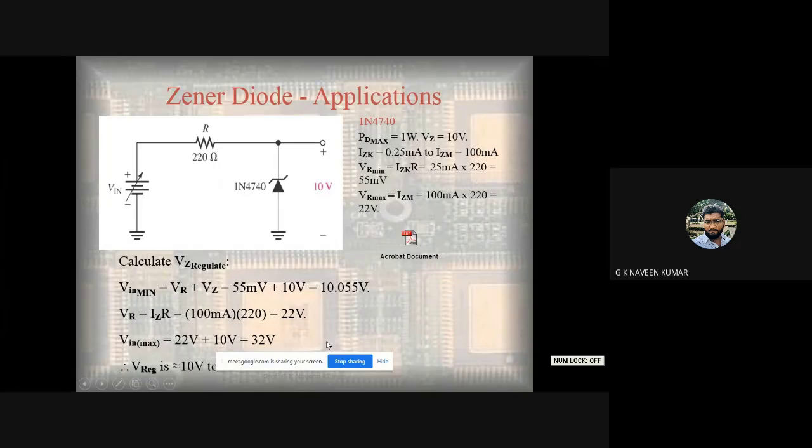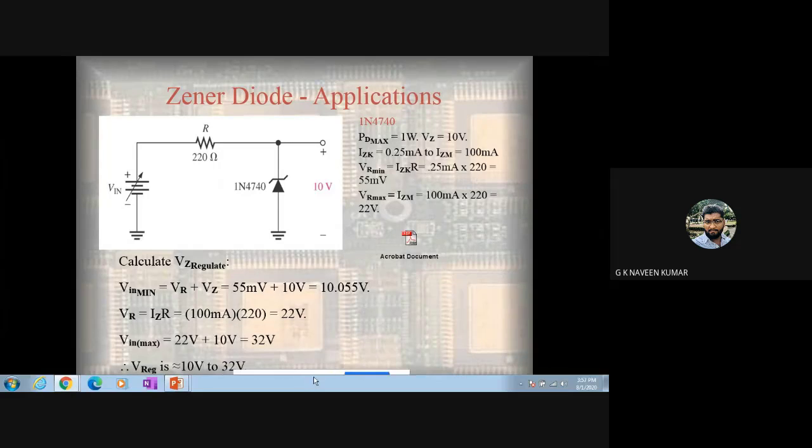Now, let us calculate the input voltage range for this particular circuit. Here we have a current limiting resistor of 220 ohms, and this is the variable input, which is what we have to calculate. The Zener voltage is 10 volts, and the corresponding minimum and maximum Zener currents are given here.